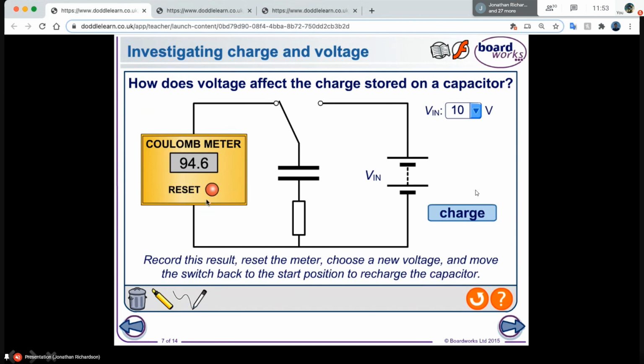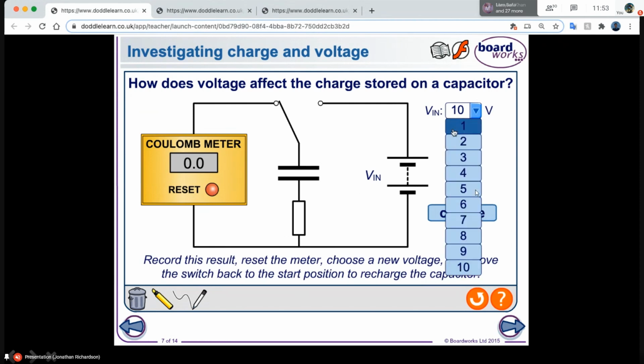So what I need to do, and what you are going to do now, we'll do it with all 10 sets of readings. So I'll reset now, starting with 1 right through to 10 volts. You need to now record the Coulomb value. This value is in micro coulombs, just so that you are aware.